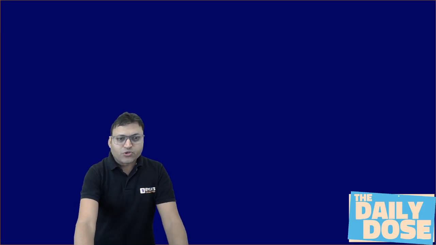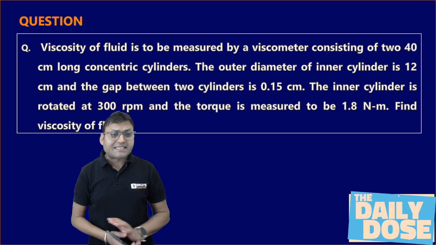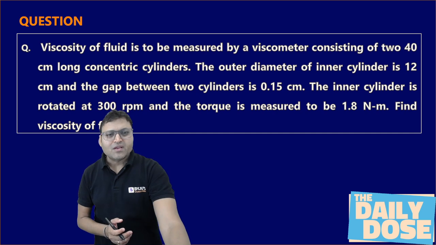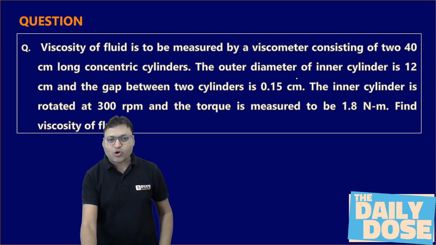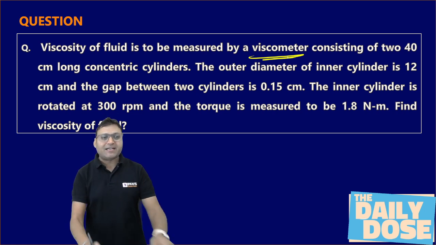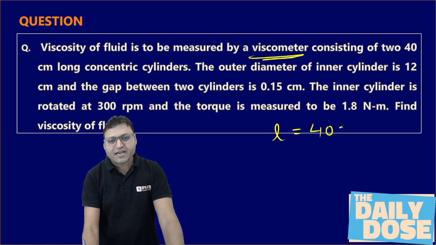All right. So let us start discussing the question. The question says the viscosity of a fluid is to be measured by a viscometer consisting of two 40 centimeter long concentric cylinders. So the length of the cylinder is 40 centimeter, that is 0.4 meter.